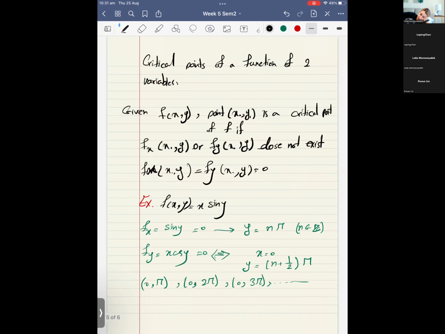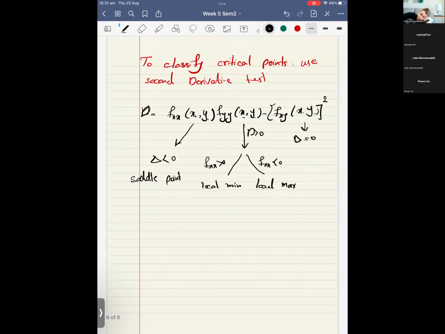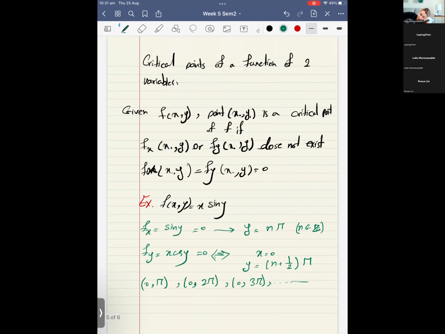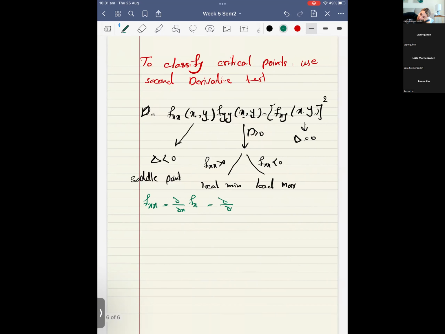For this example, f(x, y) equals x sine y, let's see what the critical points are. I use fxx: the derivative with respect to x of fx, and fx was sine y.